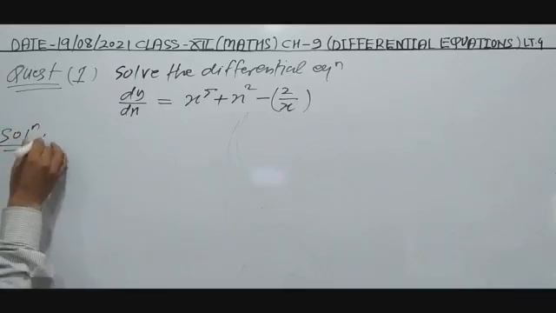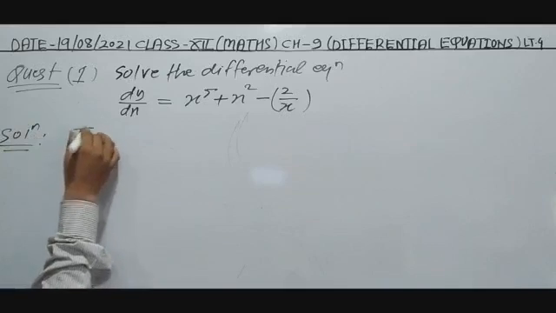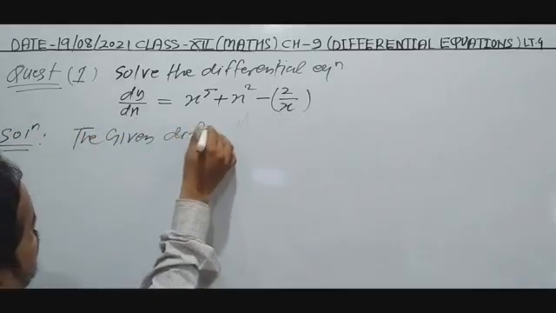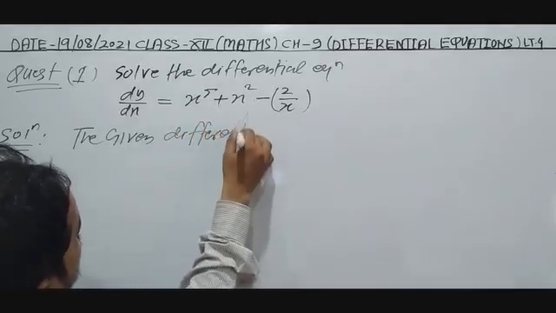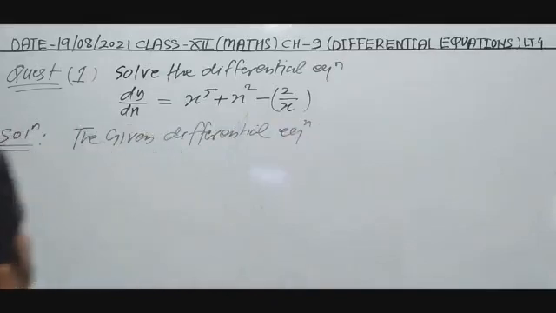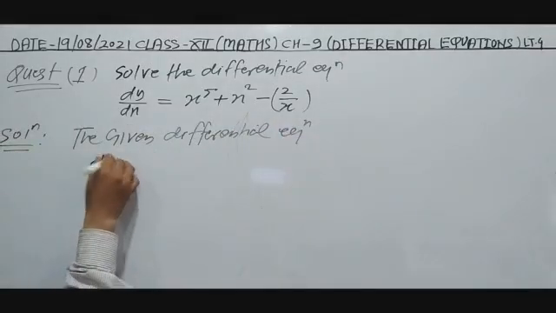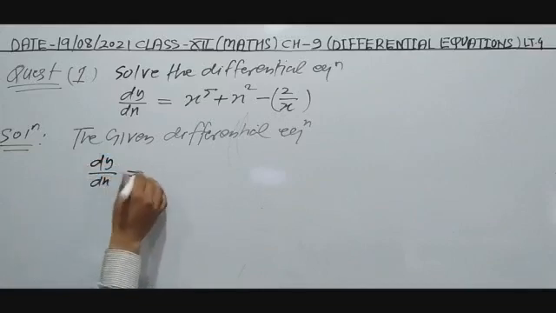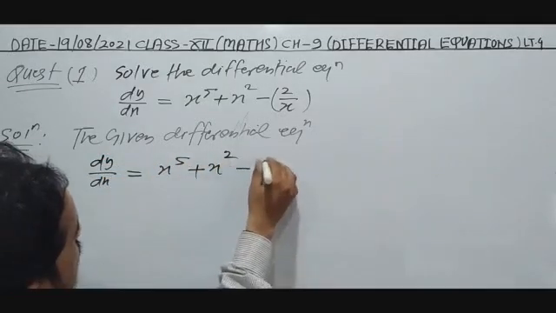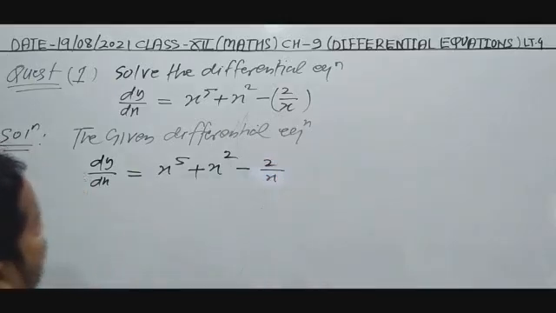So the solution is: the given differential equation dy by dx is equal to x to the power 5 plus x square minus 2 by x.